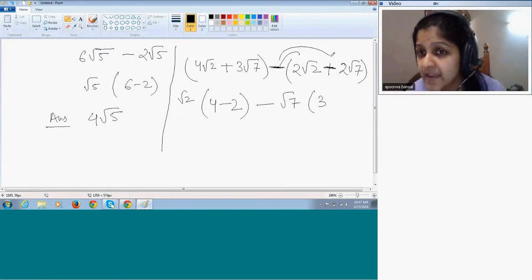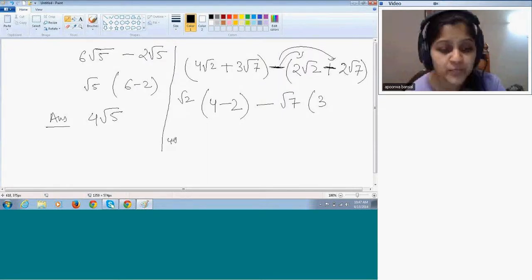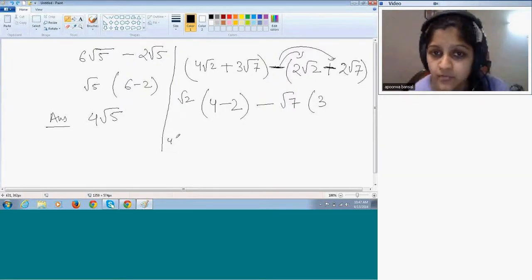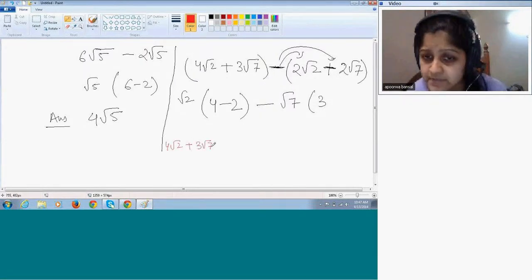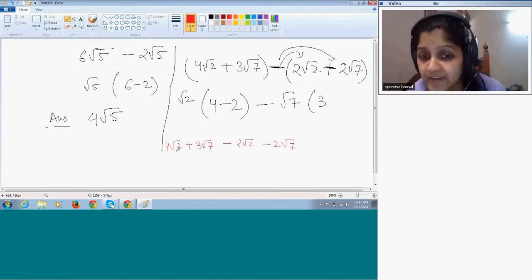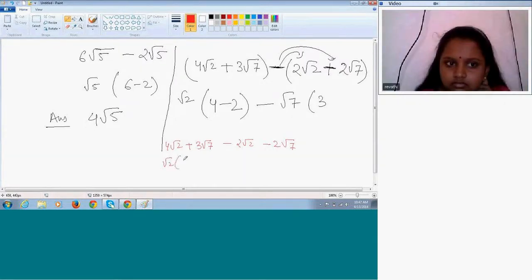So what is it? Let me write it with this. 2 root 2 plus 3 root 7, 2 root 2 minus 7. Yes, miss. Right? You said the first one correctly. It's 4 minus 2. But we have this plus sign. Root 7.